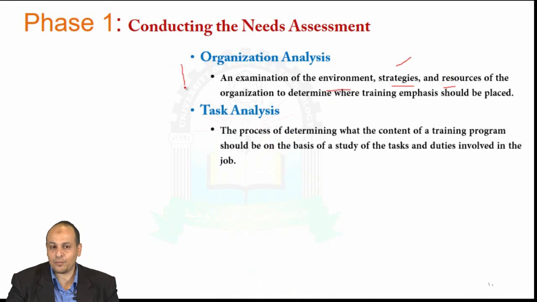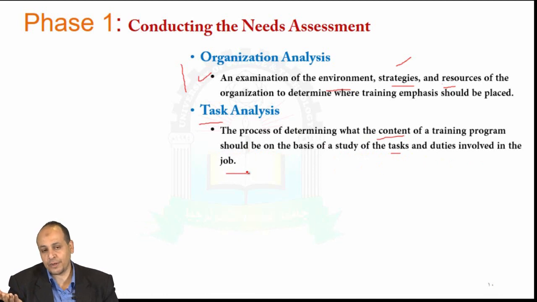Then as we drop down, we go a little bit smaller here. As we are clear with the organizational environment as for the analysis, we go more specific into the task analysis. So here, the process of determining what the content of training program should be on the basis of study of the tasks and duties involved in the job. In other words, we study the task that the employee is supposed to handle even before he is nominated to do the job.